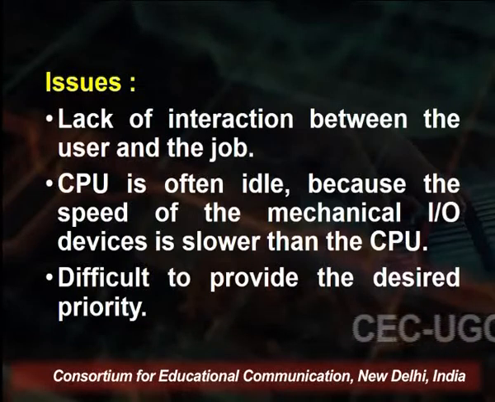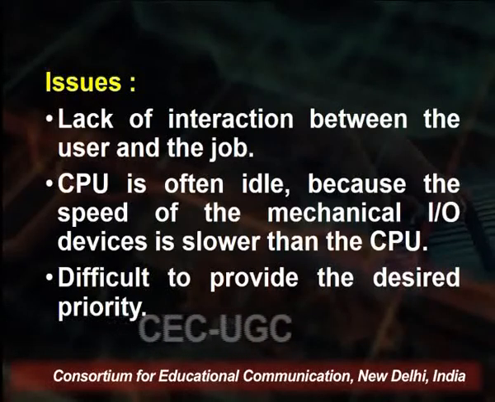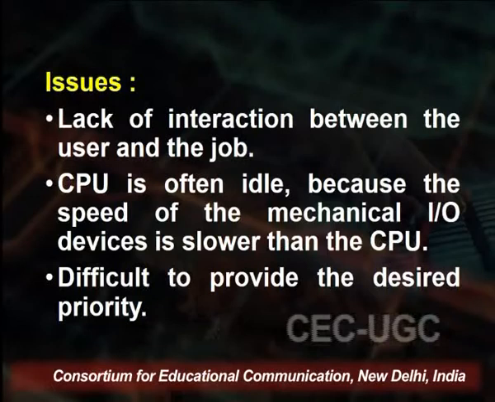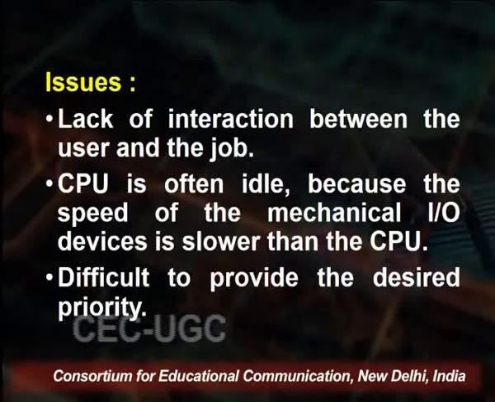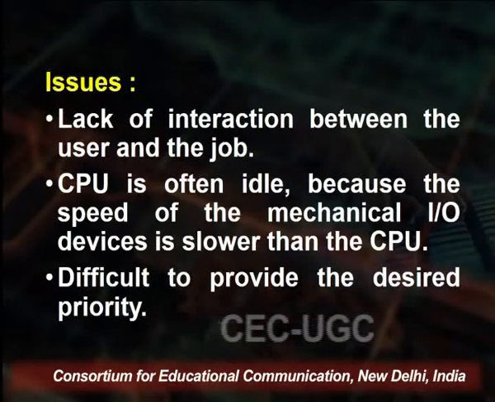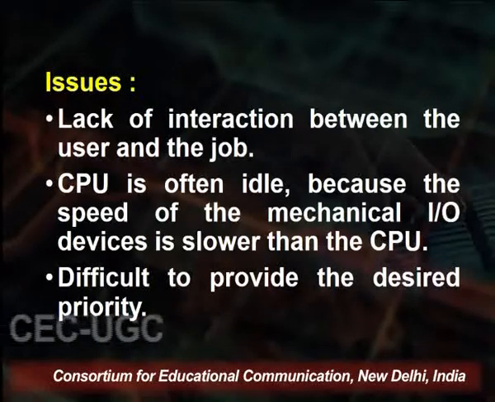Mechanical input output devices, for example a punch card, which has to be put into a reader machine, read, and then passed to the CPU, are a slow process compared to the time in which the CPU processes. The CPU is quite fast compared to this whole process.